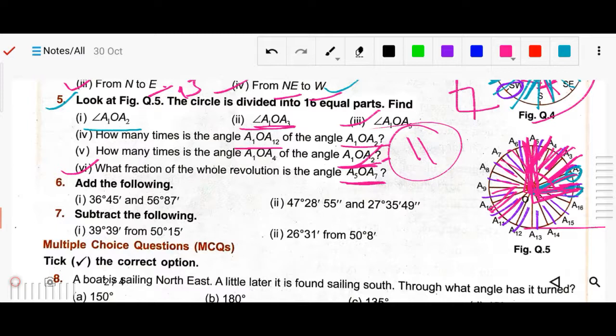Now number 5: what fraction of a whole revolution is angle A5 O A7? So here you can see, A5 and A7, it is covering 2 parts, meaning 22 and a half plus 22 and a half. So first of all we will solve this one.